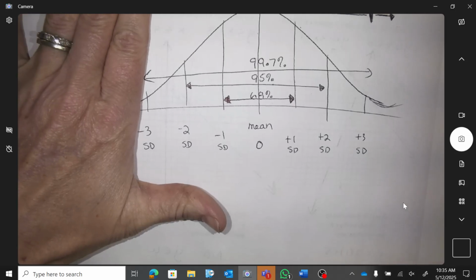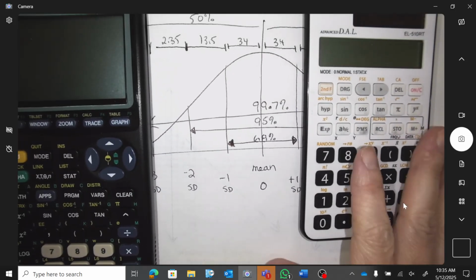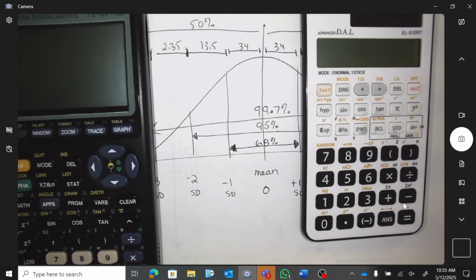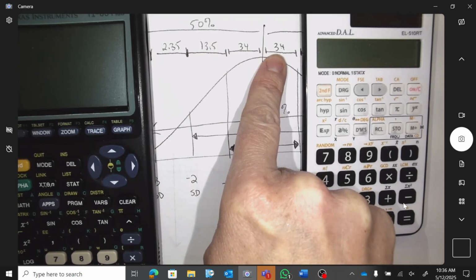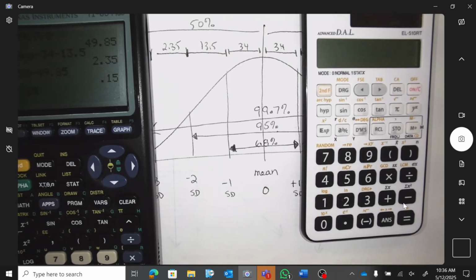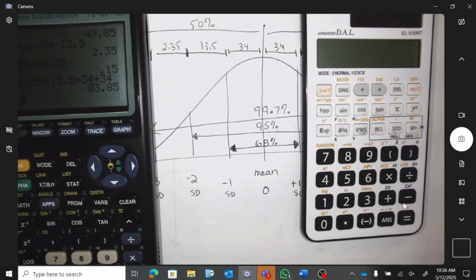So you need to get me this zone of data from here to here. So I'm going to add those zones. Anybody have an answer they feel super confident in? 83.85. This plus this plus this plus this zone.